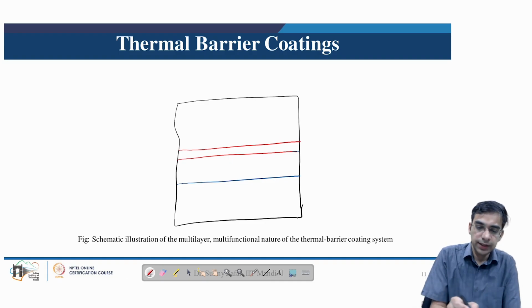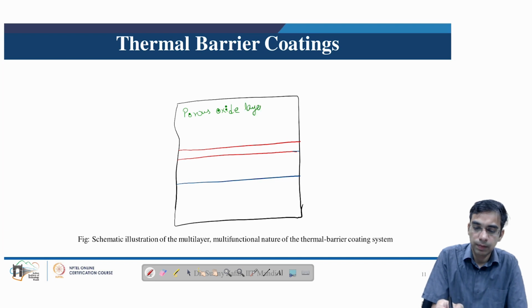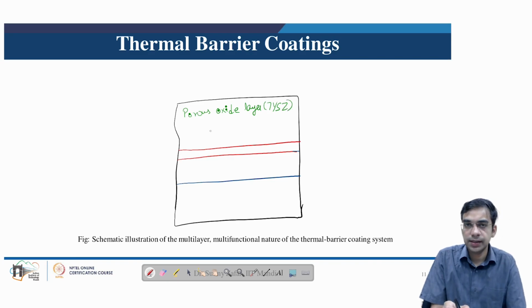The first layer here is the porous oxide layer. This is made up of 7% yttria stabilized zirconia. This porous layer can be manufactured using either of two methods, electron beam physical vapor deposition or atmospheric plasma spraying. We will see details of these two manufacturing processes in the next lesson.